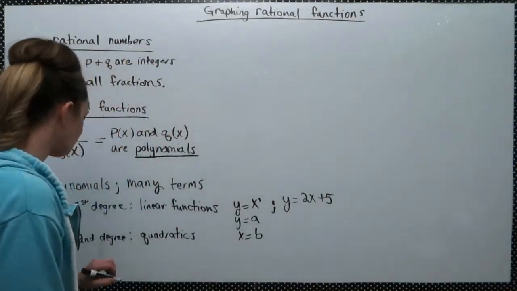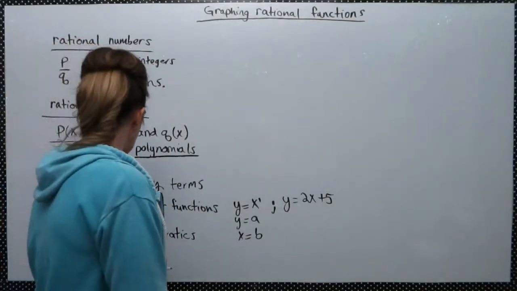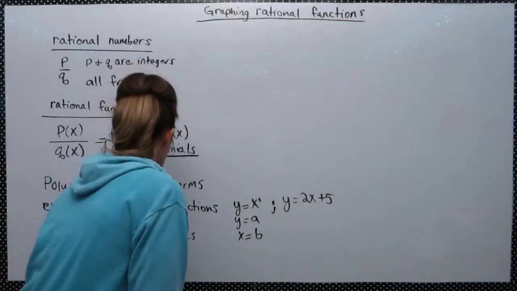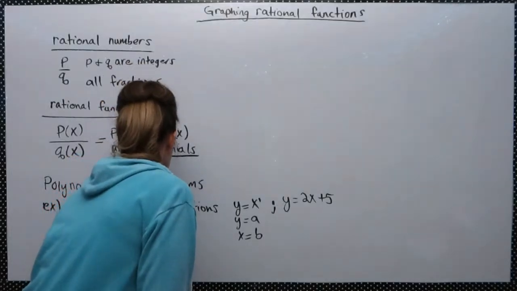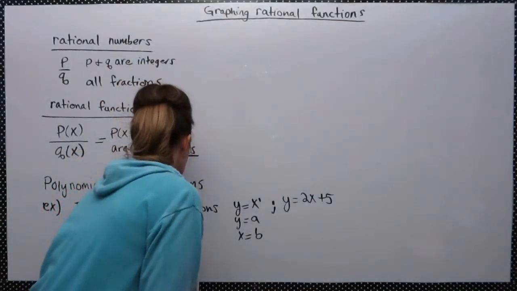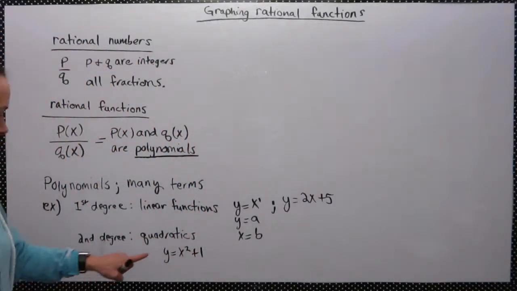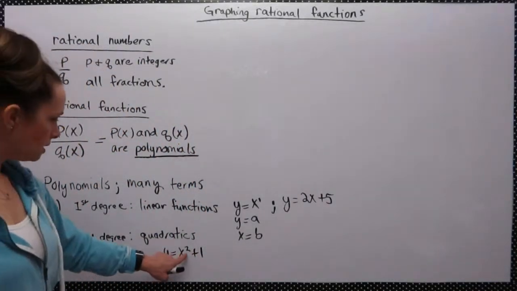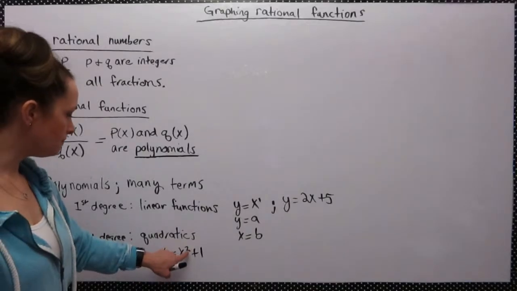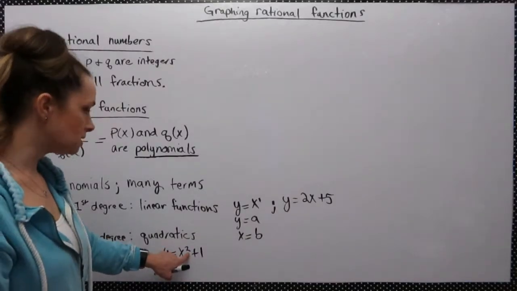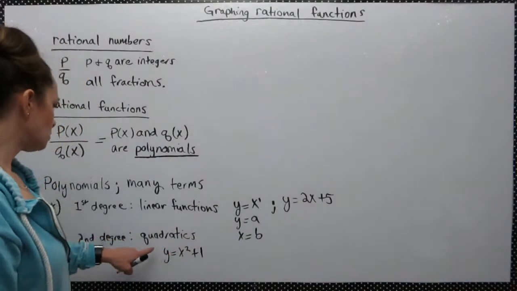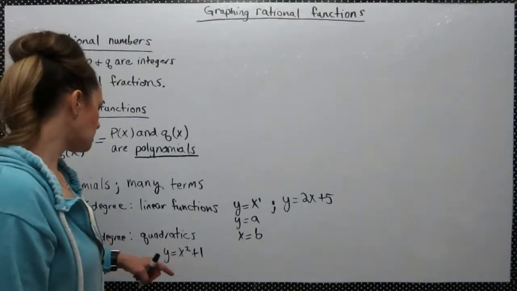And then, for example, and we won't go too far into this, you'd have y equals x squared plus 1, where it's a second degree, and you'll have a term that is raised to the second power. And so on and so forth.